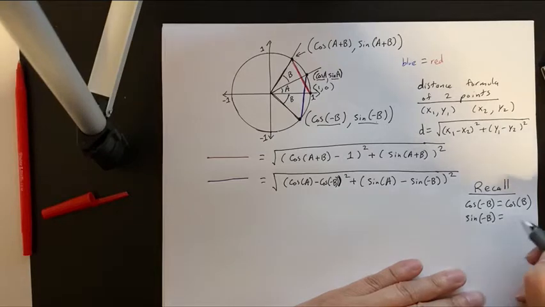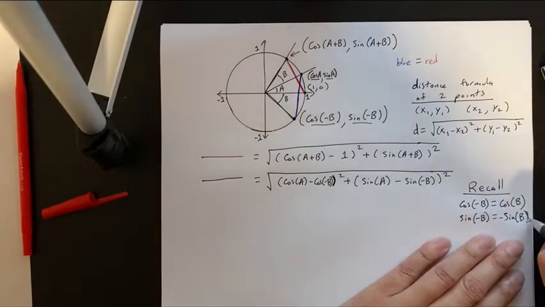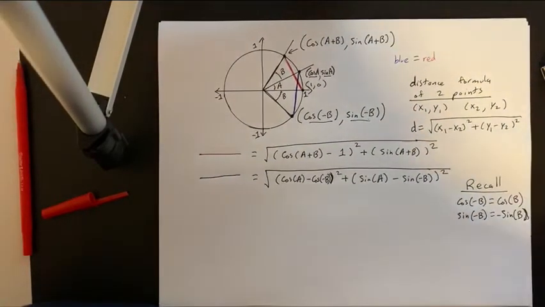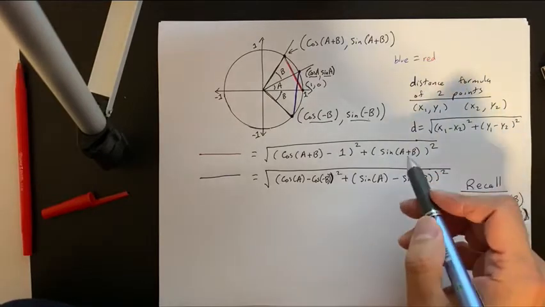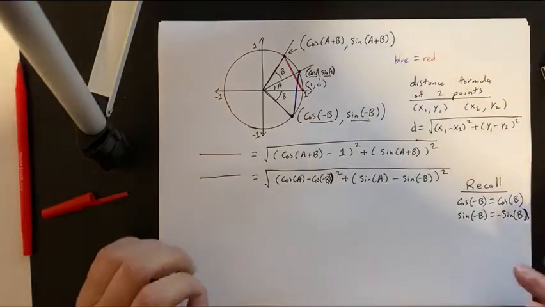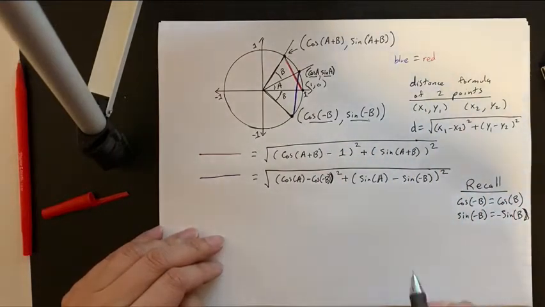So if you have a negative inside, it is equivalent to the negative sine of b. Okay? And then later on, you'll see that I'm going to use a Pythagorean identity in here in a little bit, but we'll apply it once we see it.